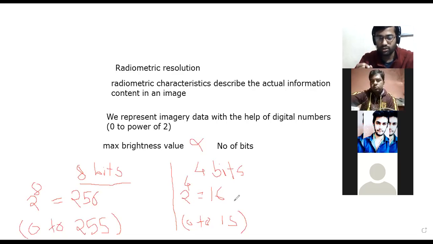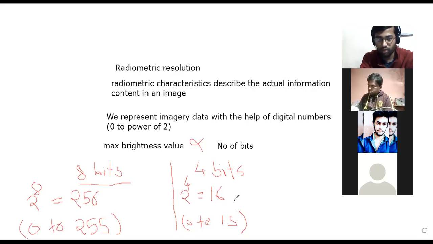If you have 8-bit imagery, or 8 bits of radiometric resolution in your sensor, you have a maximum of 2 to the power 8, which is 256 brightness values, in which your maximum brightness value is 255, because we are starting from 0, not from 1.